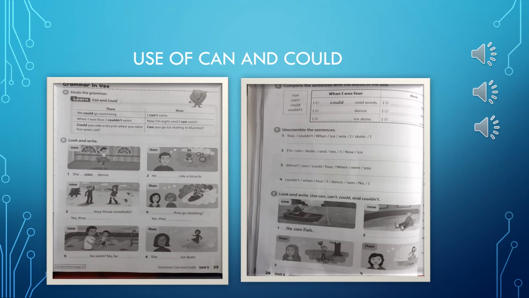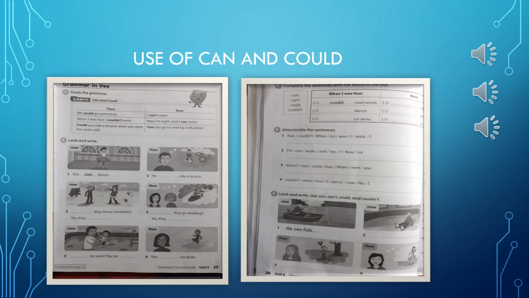Number 4. Couldn't, when, for, I, dance, full stop, was, no, comma, I. So you have to rearrange this sentence in the correct form. It's a continuation of the third one. In the third one it was: When you were 4, could you dance?